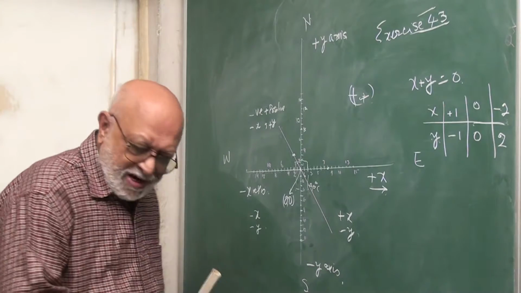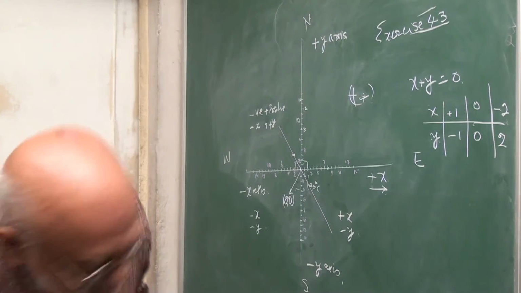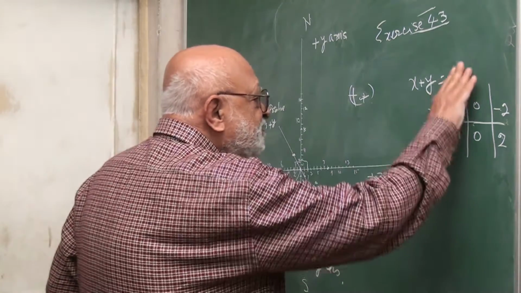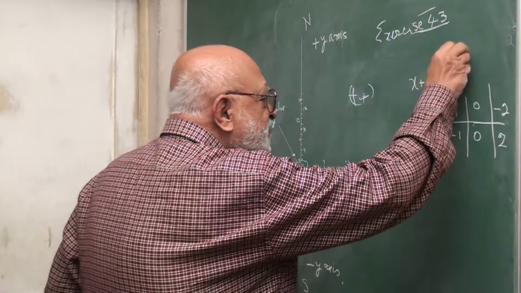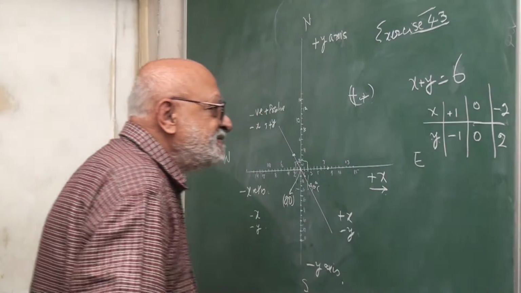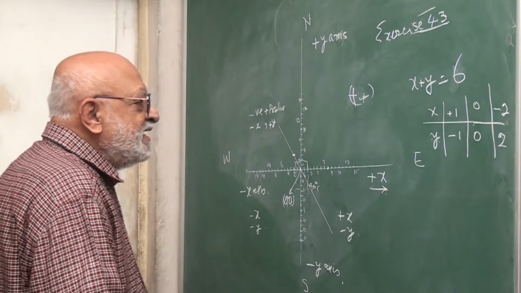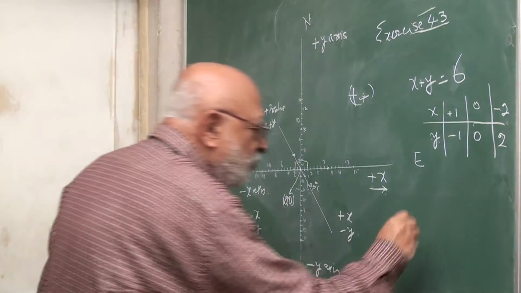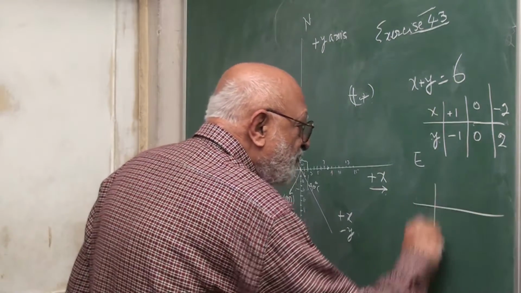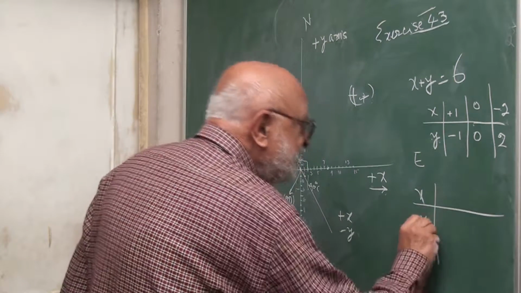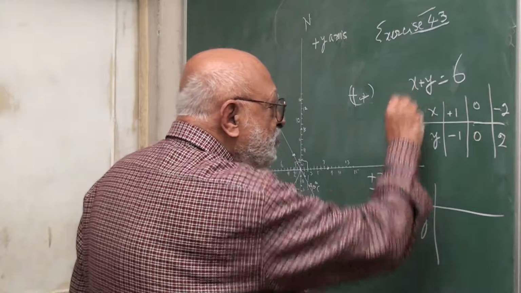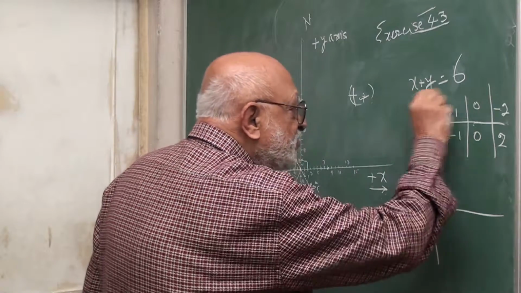Okay, let us see what happens now if I change this one. Instead of x + y = 0, if this is 6, what happens then? Then we go through the usual process of x and y. If I take x equal to 0, then y is equal to 6.